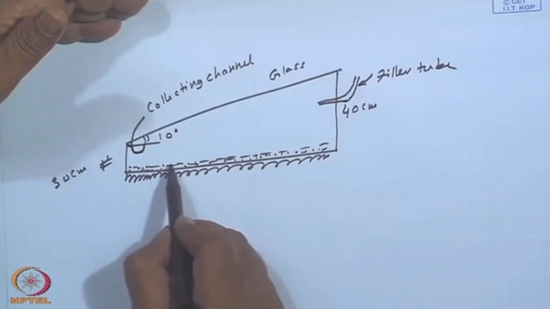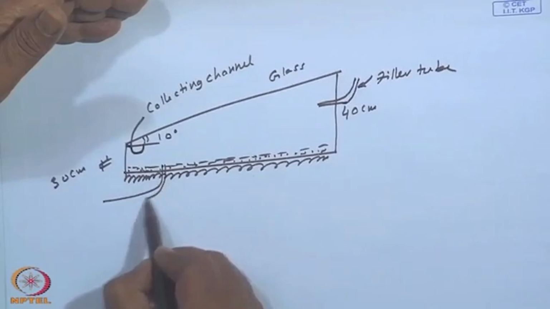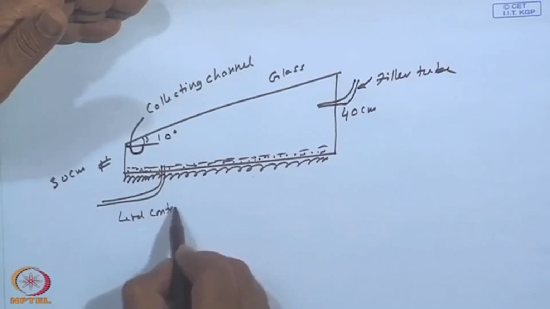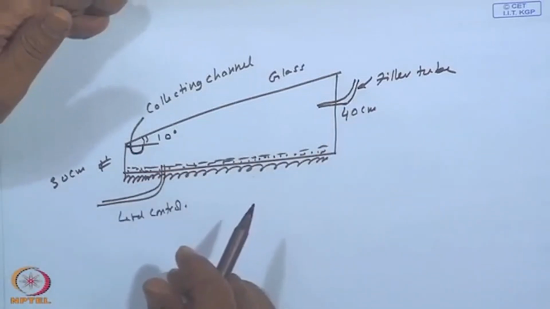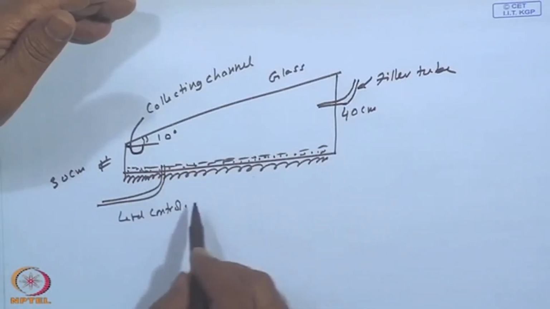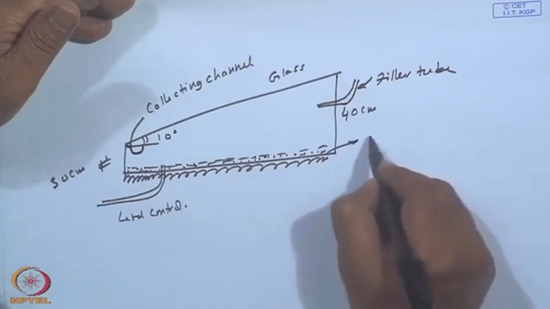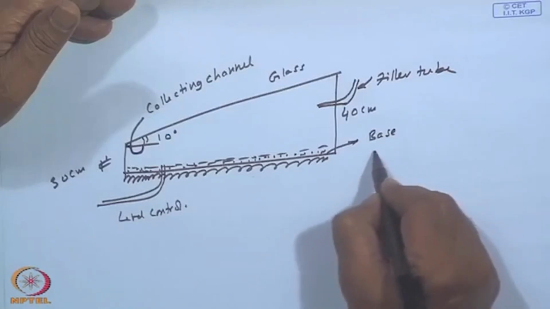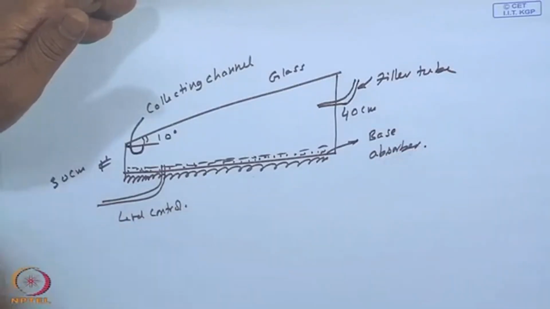And if you want to have control for the level, you can have a drain level control. So, if you put in more water, it gets out beyond that thickness, and this is a base absorber. Okay.